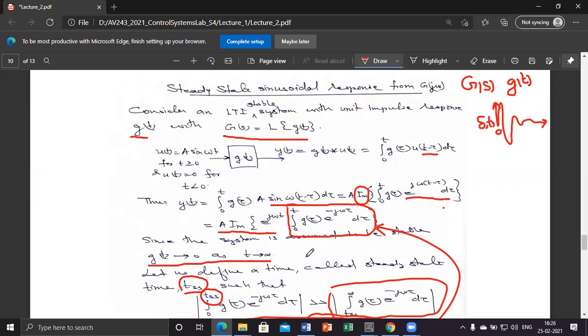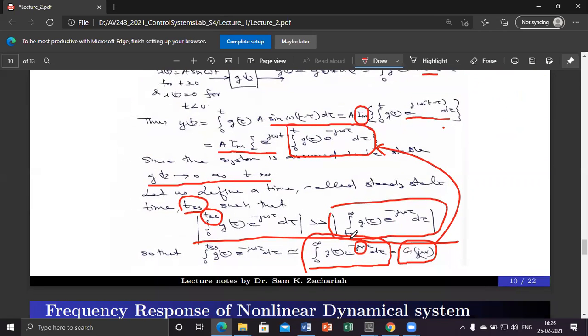Now I am adding some extra offset, T_SS to infinity. And this extra offset should be insignificant. If t is less than T_SS, this extra offset is significant.